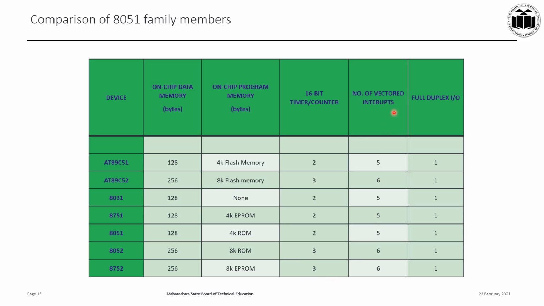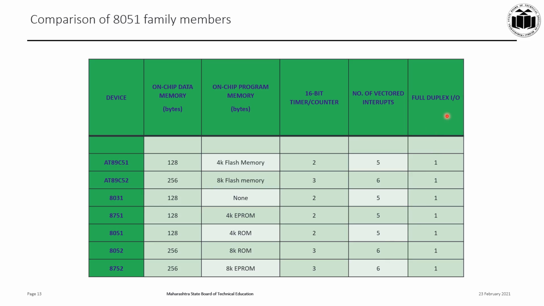The number of vectored interrupts: in the 89C51 there are 5, in the case of the 8031 there are 5, in the case of the 8751 there are 5, and the 8051 also, we know, has 5 vectored interrupts. But in the 89C52, the 8052 and the 8752, the number of vectored interrupts is 6.